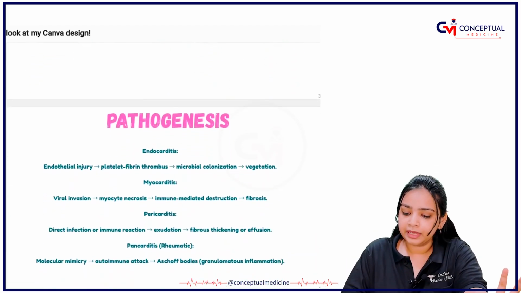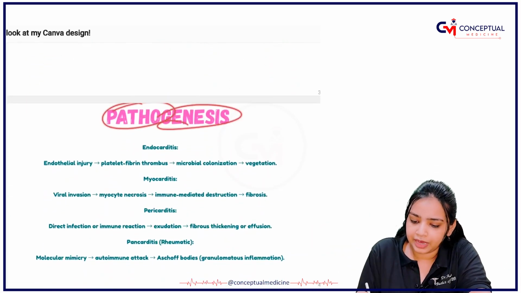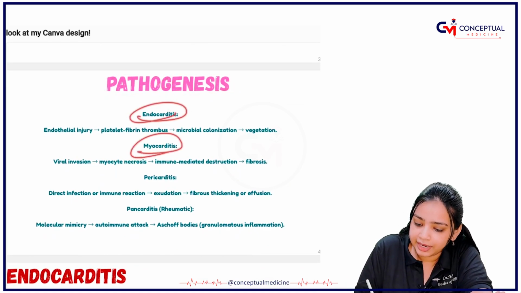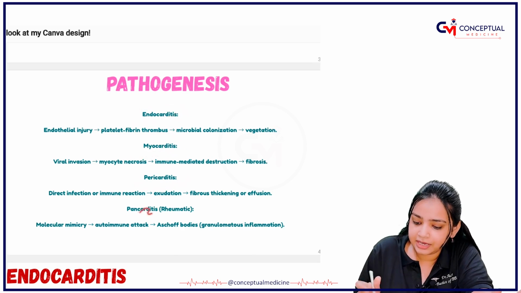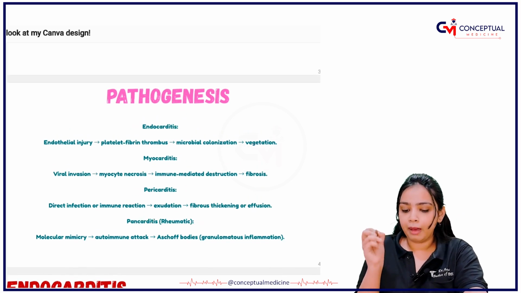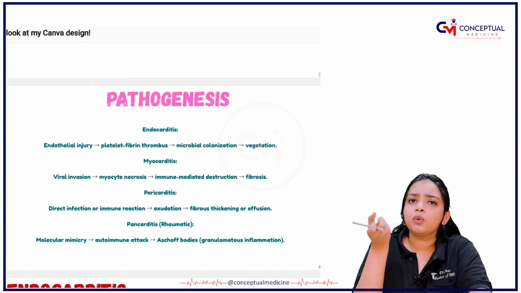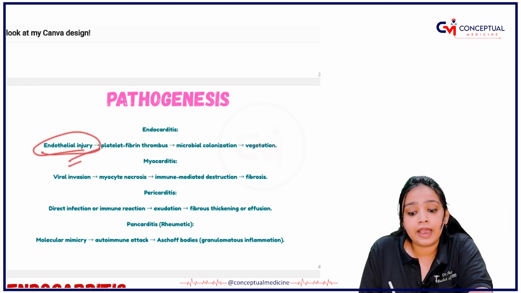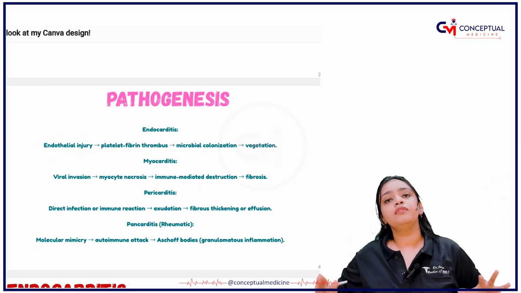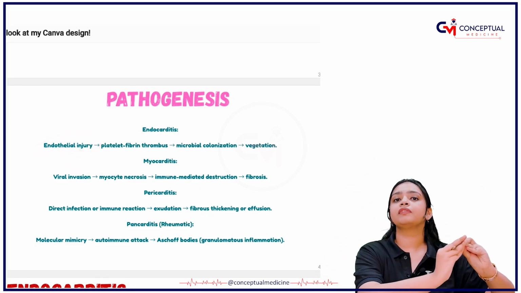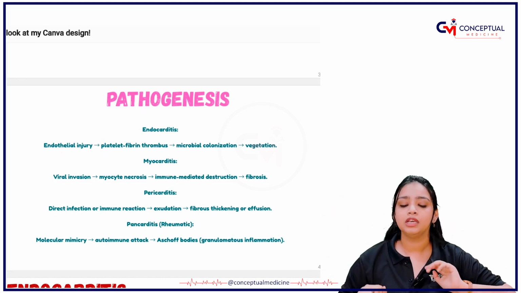Okay, now let's talk about the pathogenesis. In the pathogenesis, I have classified it as endocarditis, myocarditis, pericarditis, and you also have the rheumatic. So let's see in general what the pathogenesis is. In endocarditis, first there is endothelial injury. Obviously, if the name starts with endo, then the first thing that will happen is endothelial injury.